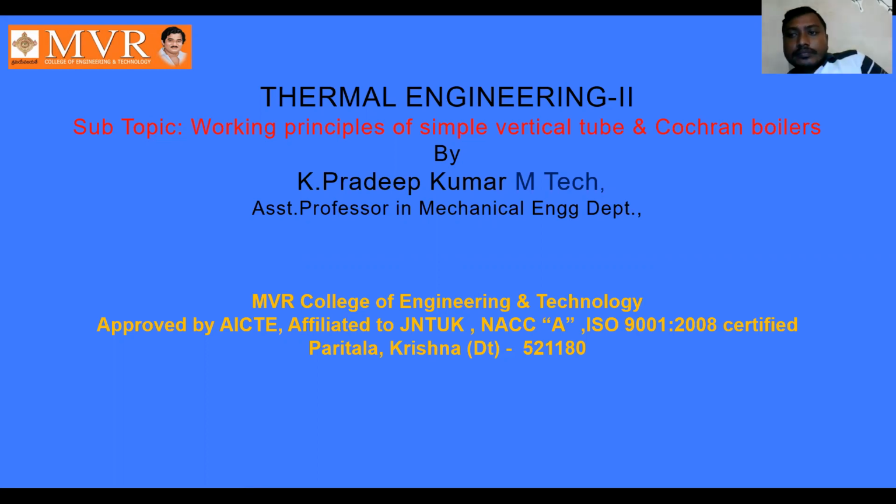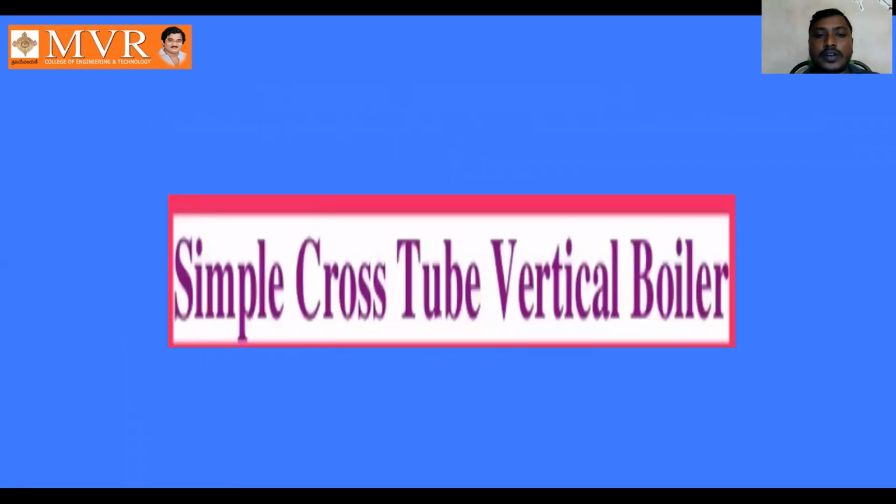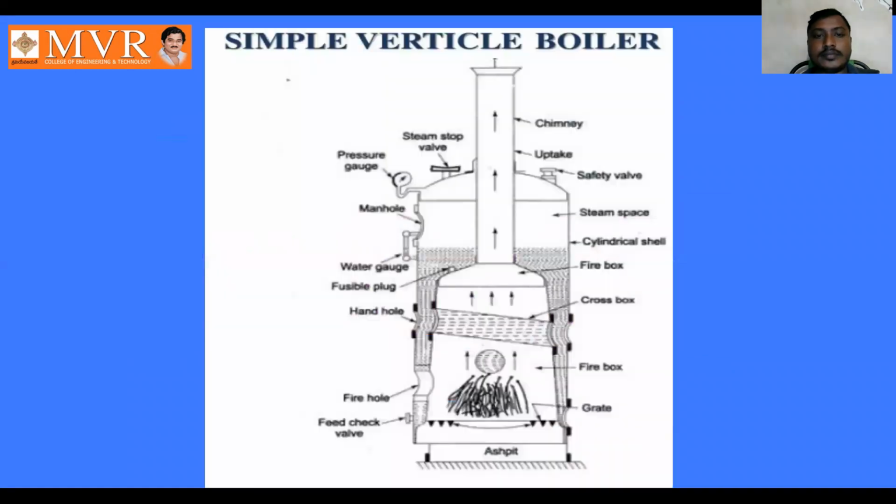See here, the first one we are studying is the simple cross tube vertical boiler. Here we can observe the diagram of a simple vertical boiler.